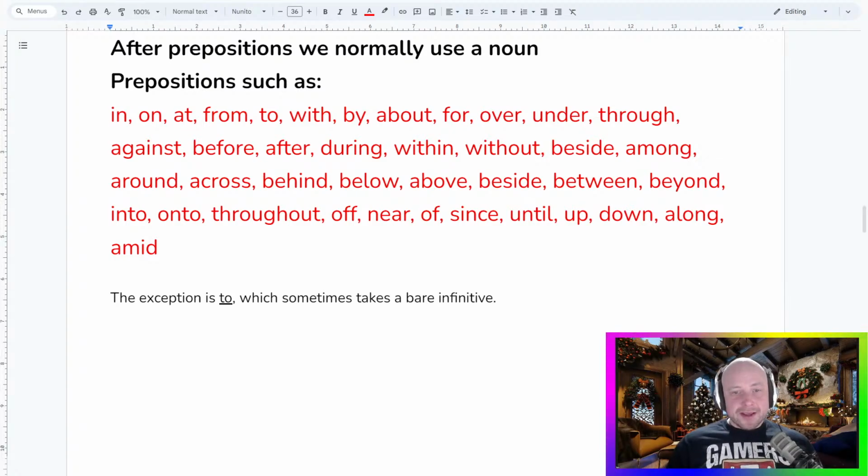And there are more. The most common ones are in, on, at, from, and to. Maybe about is up there as well. And these words can sometimes be adverbs, depending on the word, especially words like over, under, after, before. So just because you see the word after, that doesn't mean it's a preposition. It could be an adverb.